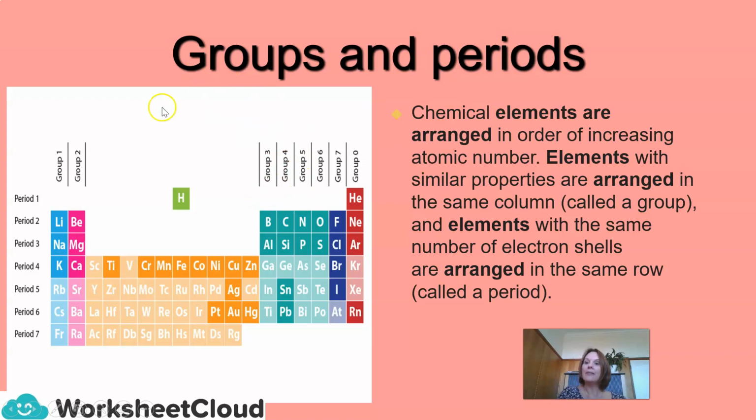Okay, and then all the elements with the same number of electron shells are arranged in the same row called a period. So there's period 1, there's period 2, there's period 3, 4, 5, 6. Okay, so our groups are our columns like this, and our periods are our rows going across in a horizontal row. Okay.